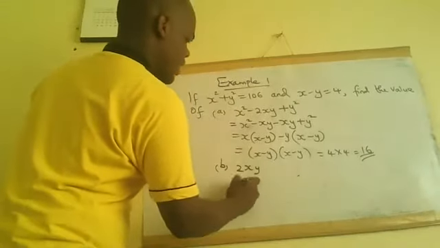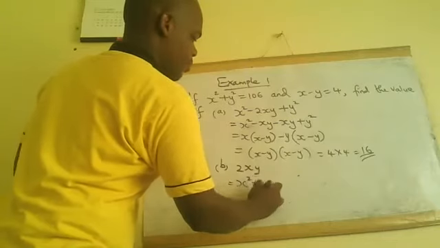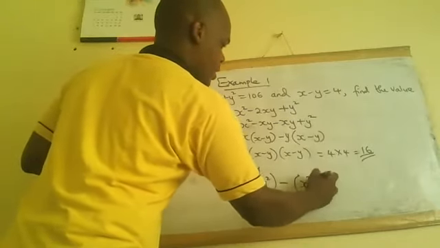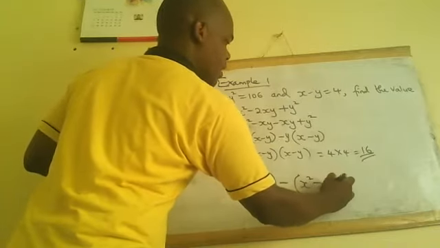So I can say it is x squared plus y squared, then minus into bracket, x squared minus 2xy plus y squared.